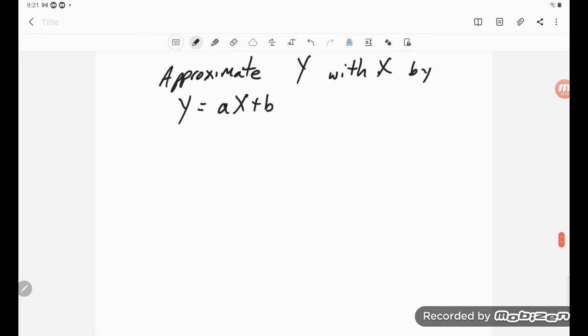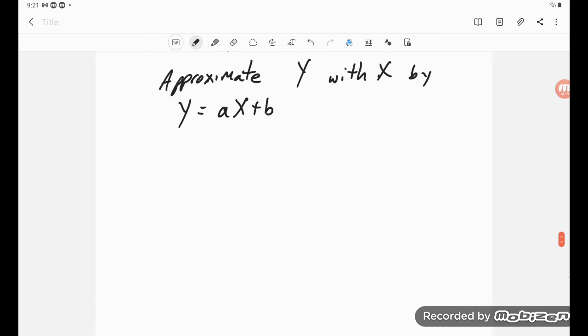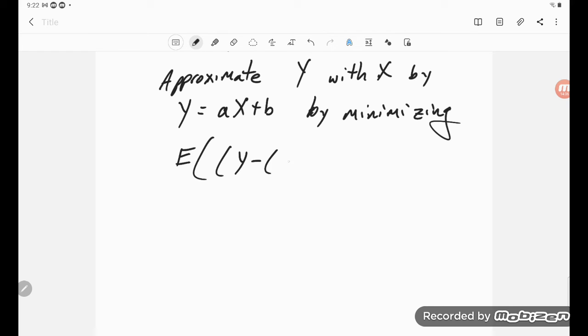If we do that, by minimizing the expected value of y minus ax plus b, squared.